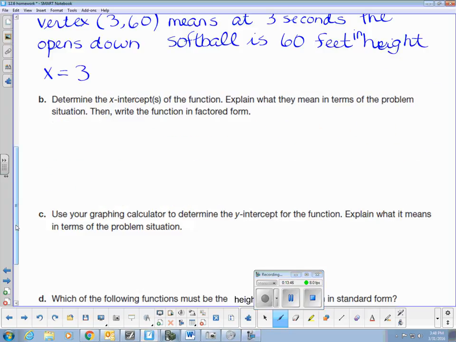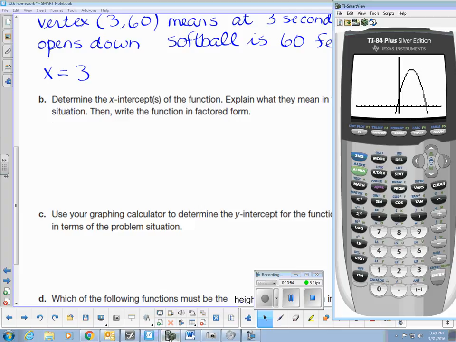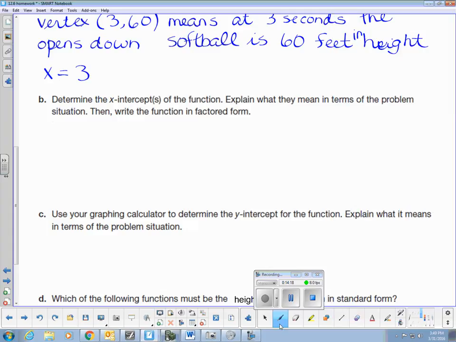To find the x-intercepts, I'm going to go back to my graphing calculator, and then we can write that in factored form. So let's take a look at my first zero. I'm going to write that as negative 0.5, 0.